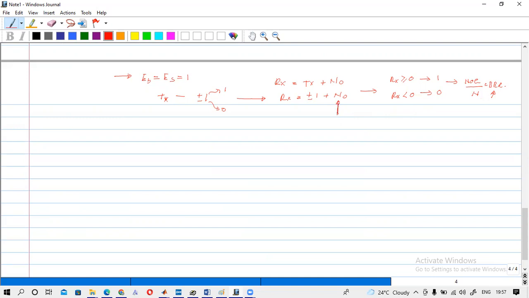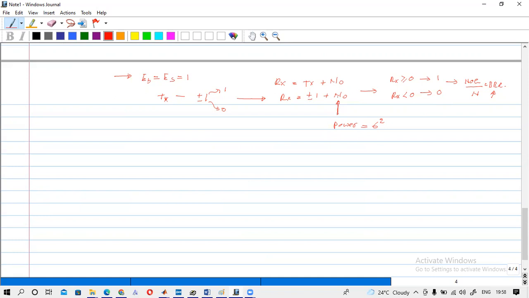This bit error rate depends on the noise power, which is equal to sigma square. So the number of errors is based on the power of this noise component.